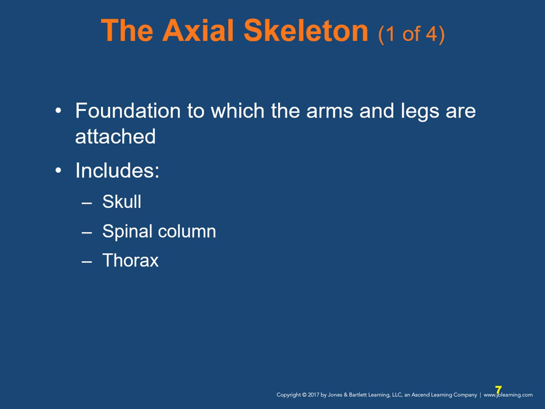The posterior of the cranium is called the occiput. The lateral portions of the cranium are called the temples or temporal bones. Between the temporal regions and occiput are the parietal bones, and the forehead is the frontal bone.